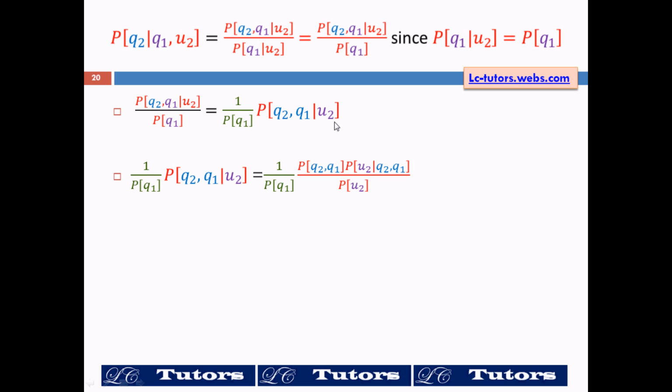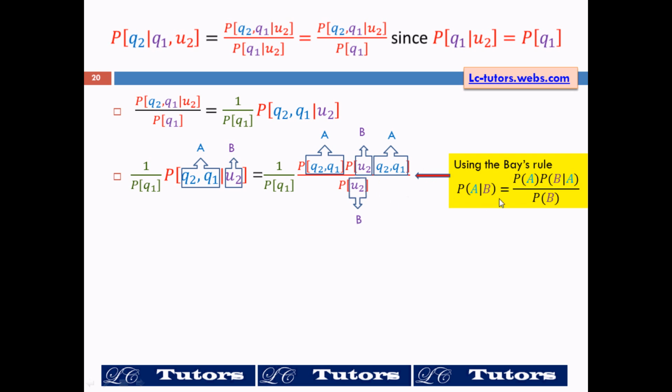Again we can write an expression for this one. If you look carefully, what we have here is A given B, which is the probability of A times the probability of B given A, divided by the probability of B. Basically this is Bayes rule. We take A to be Q2 comma Q1.